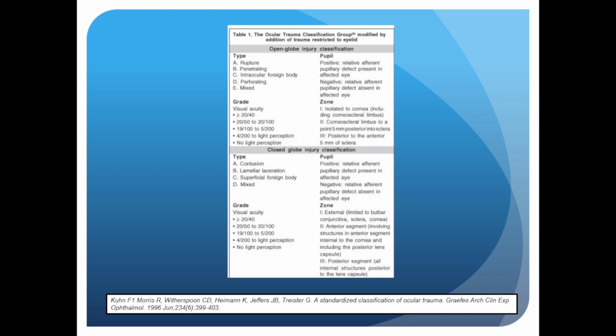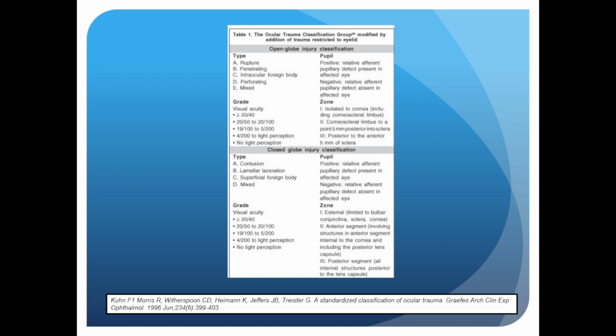Grading will depend upon the visual acuity, graded 1, 2, 3, 4, and 5. Pupil will be positive or negative for RAPD. And for open globe injury, the zone will be zone 1 if it is isolated to the cornea. If it is associated with the corneoscleral limbus along with 5 mm posterior into the sclera, it will be zone 2, and zone 3 is more than 5 mm away in the sclera.